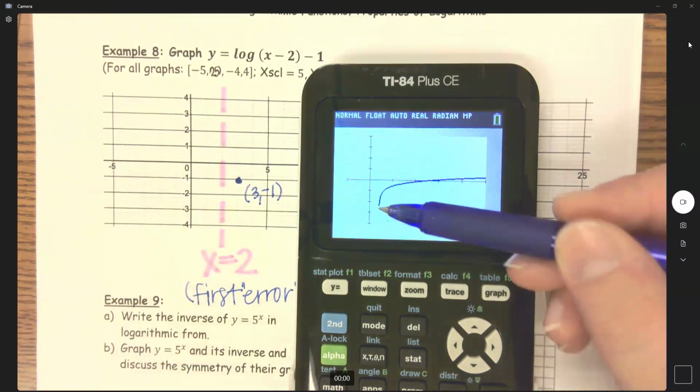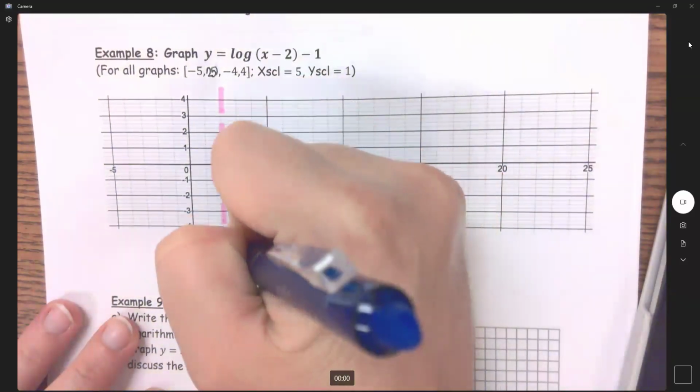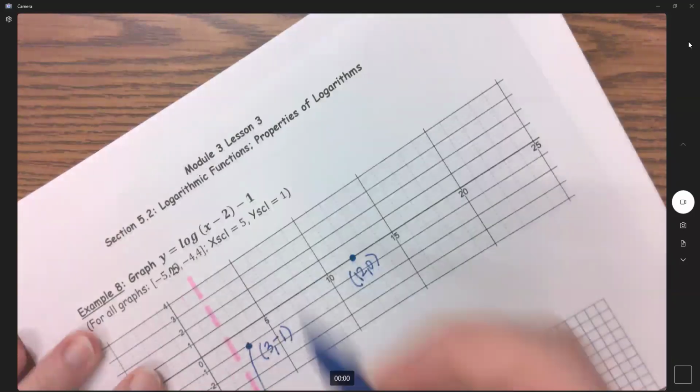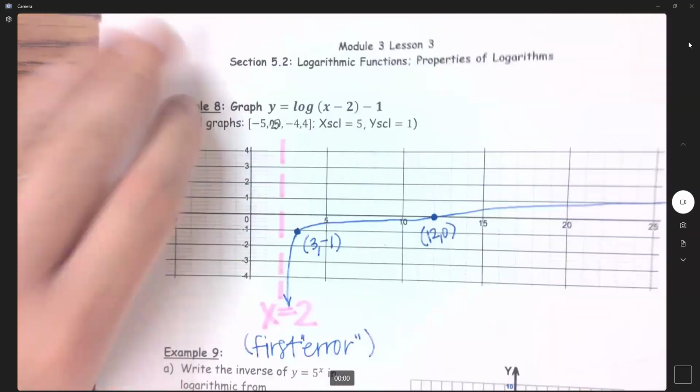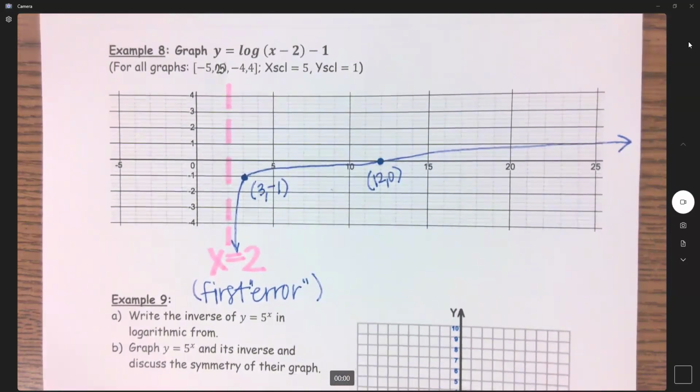We need to realize that this is going to go down forever. So this is going to arrow down, and then this will go something like that. So that is my graph right there.